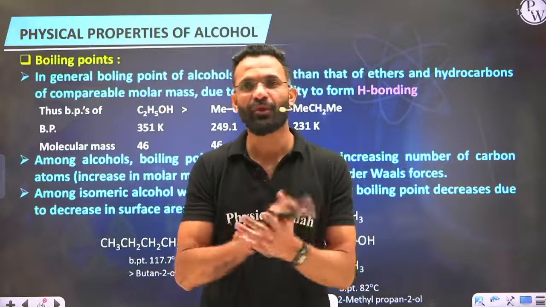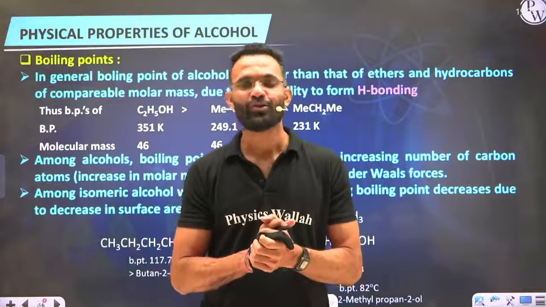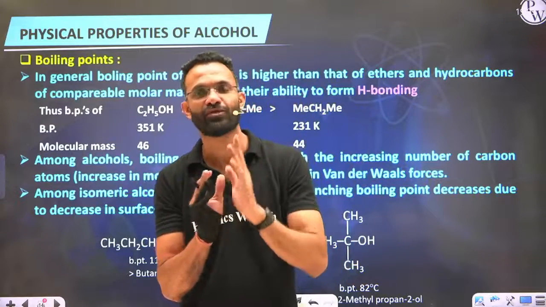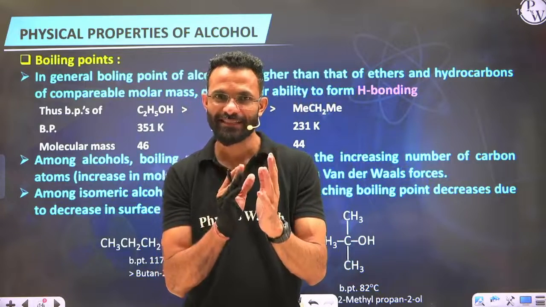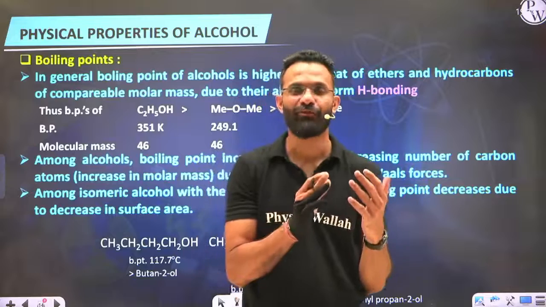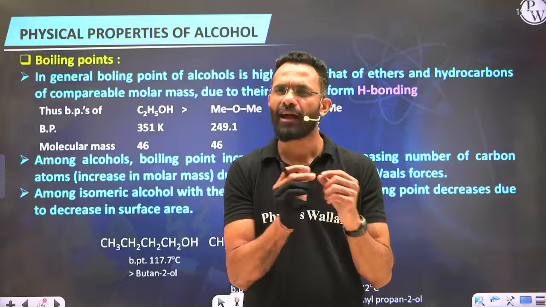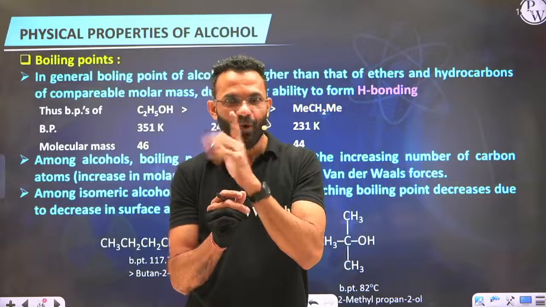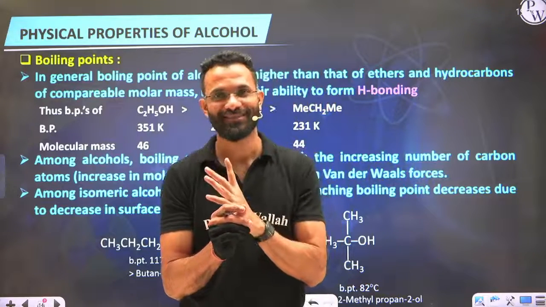So as many molecules of alcohol as you have got, they will be associated with each other via two forces of attraction. One is hydrogen bonding, intermolecular hydrogen bond. Second is van der Waals force of attraction, and to some extent there is going to be dipole-dipole attraction because of the carbon-oxygen bond of an alcohol.